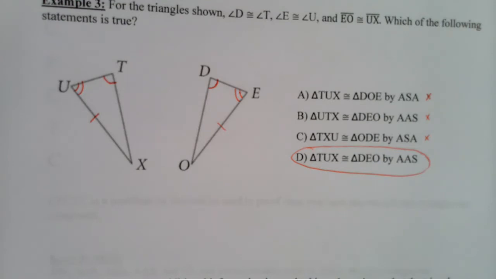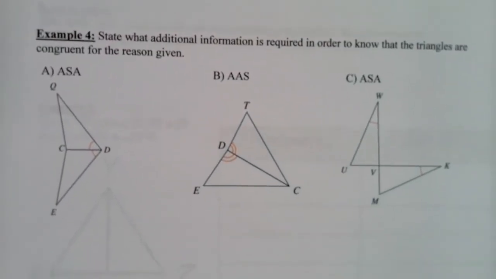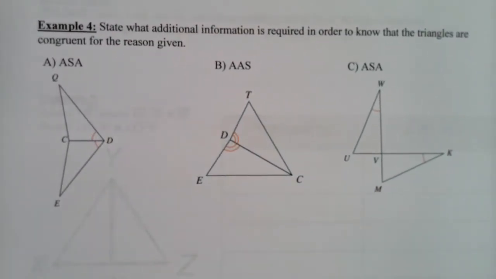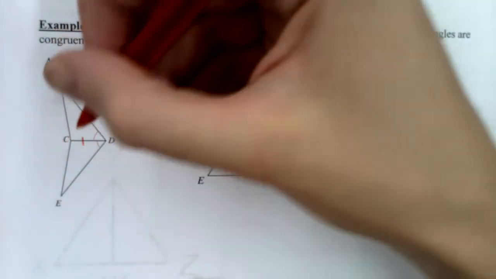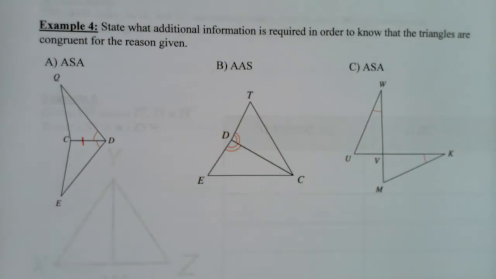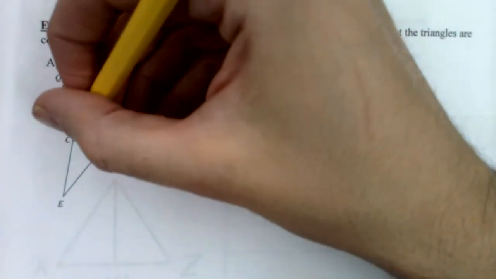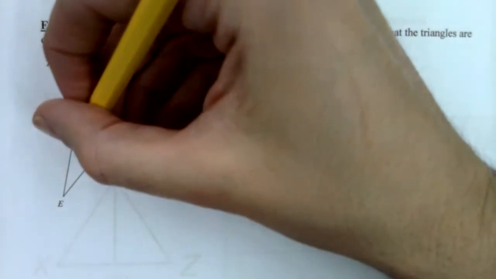Example 4. State what additional information is required in order to know that the triangles are congruent for the given reason. Example 4A, angle, side, angle. Well, you know this side is congruent to itself. We don't need to be told that. In order for these two triangles to be congruent by angle, side, angle, it has to be the included side, meaning you need this angle with the star to be congruent to this other angle with the star.